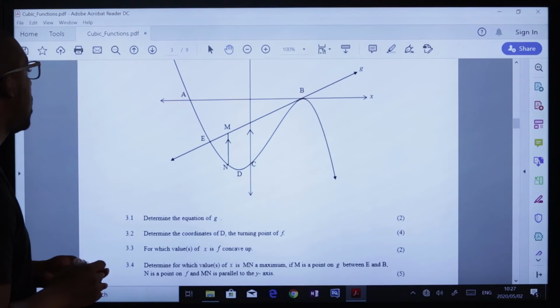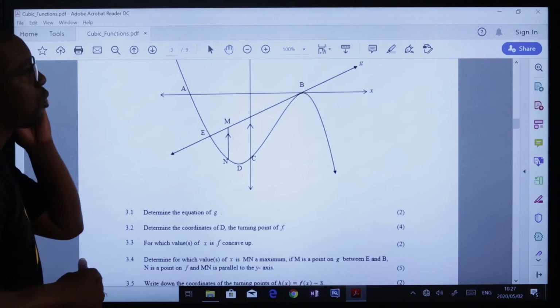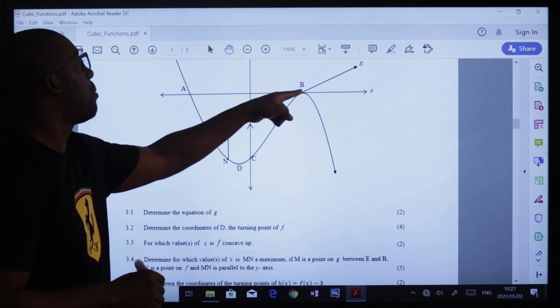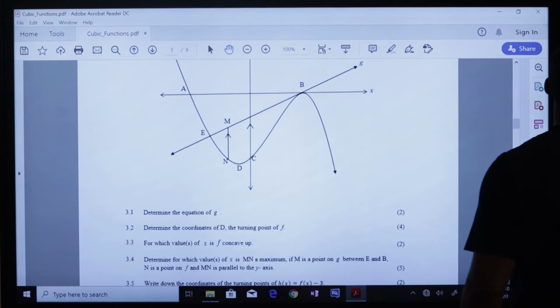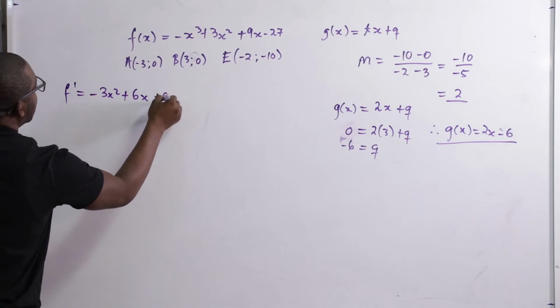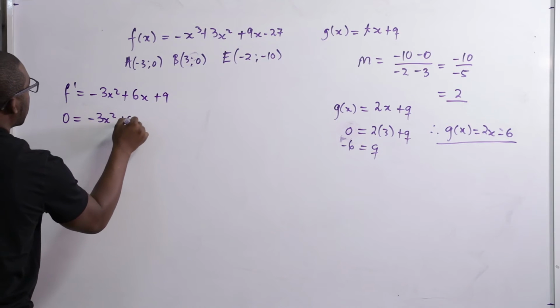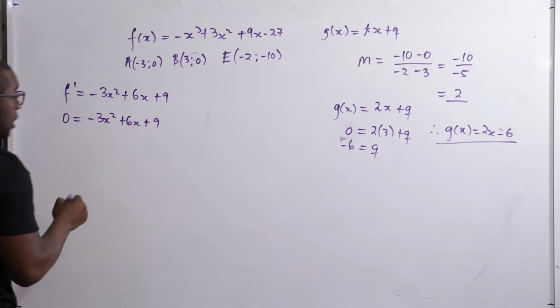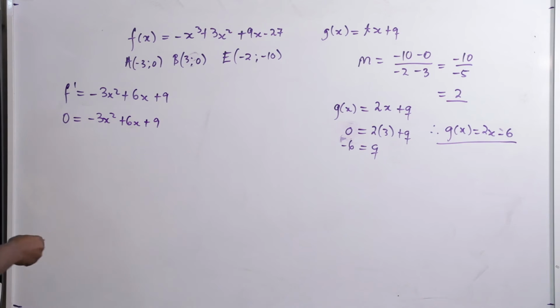Determine the coordinates of D, the turning point of f. The graph has got two turning points. One of them is already B, so we need to find the one that is happening at D. You differentiate, and you're going to get minus 3x squared plus 6x plus 9. You make this equal to 0, then we factorize that.